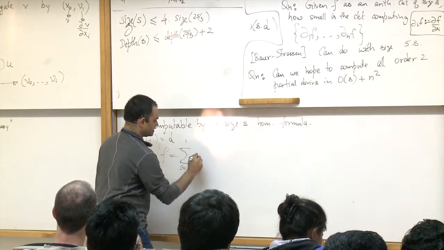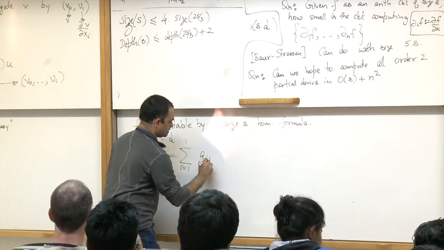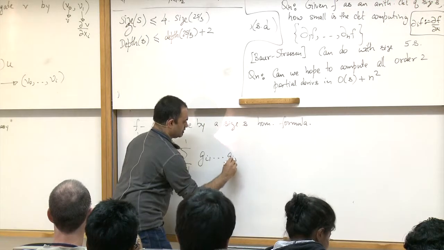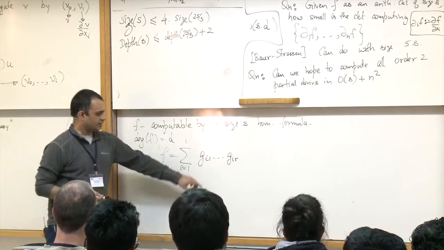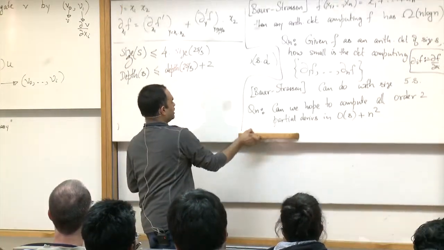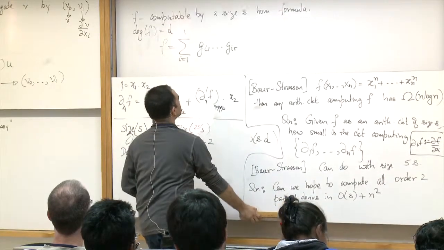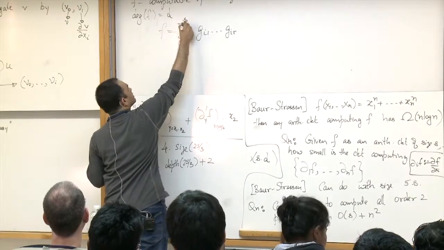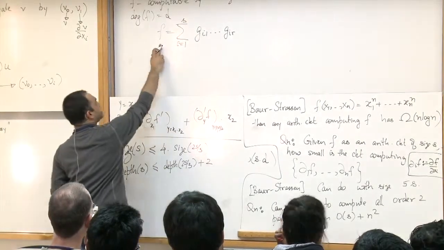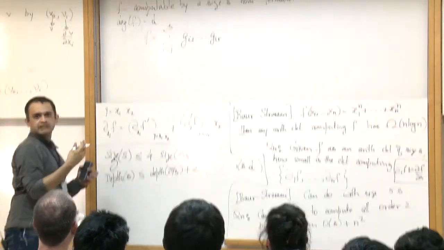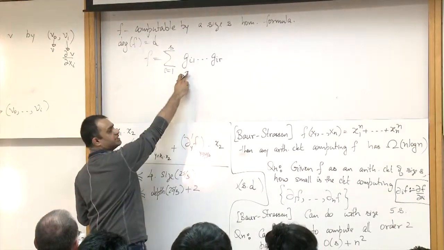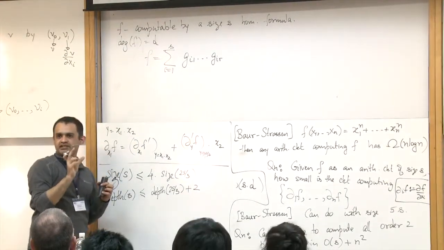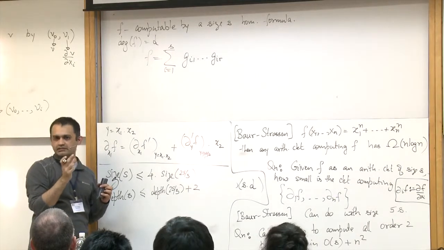The sum over i equals 1 through s, of the product of g_i1 through g_ir. I will write it down shortly, but let me tell you what you get out of these g_ijs. If the degree of f here is d, the degree of g will turn out to be something between d by 3 and 2d by 3.